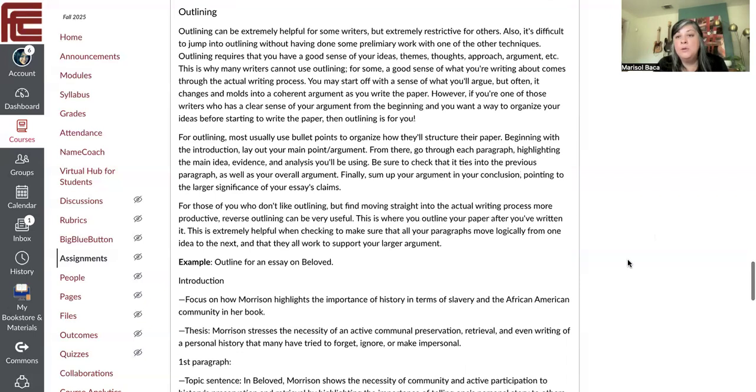The last one is outlining. You're also probably pretty familiar with outlining. Outlining also comes later on in the writing process, before you write your first draft. Sometimes people like to outline their ideas.